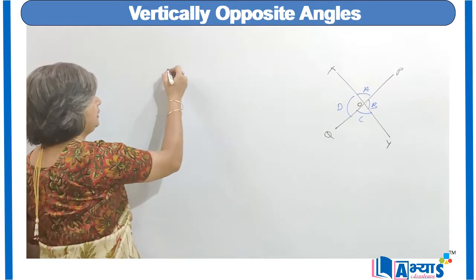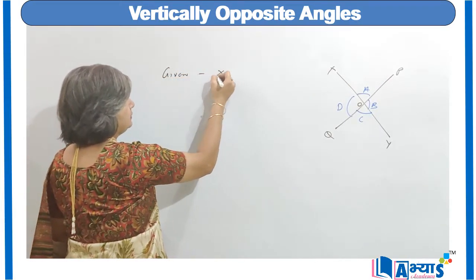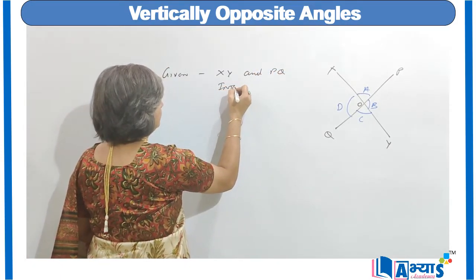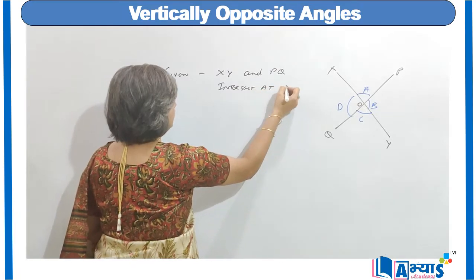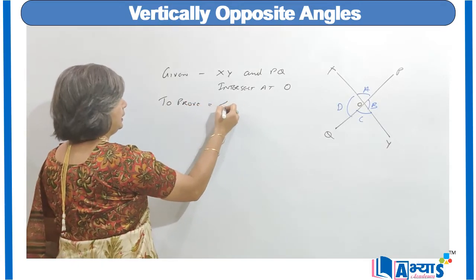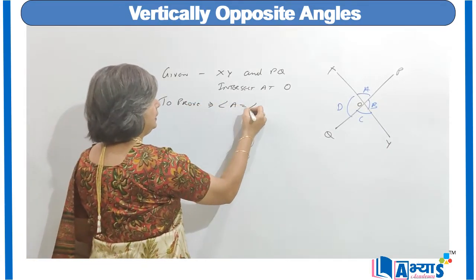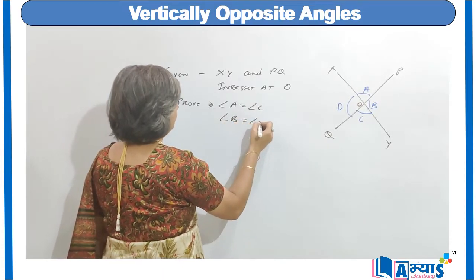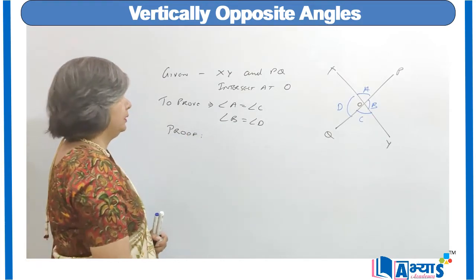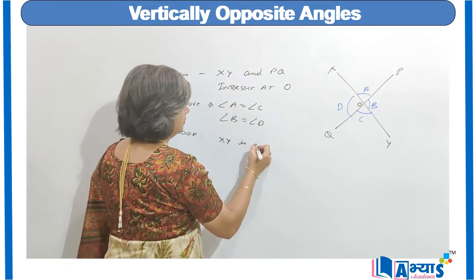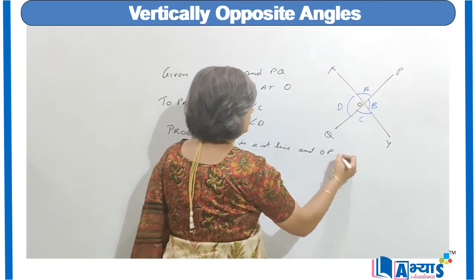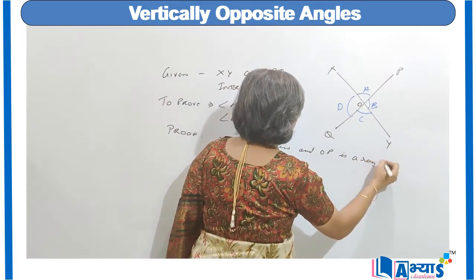So it has been given to us that XY and PQ intersect at O. Now to prove angle A is equal to angle C and angle B is equal to angle D. Now the proof follows as XY is a straight line and OP is a ray standing on it.